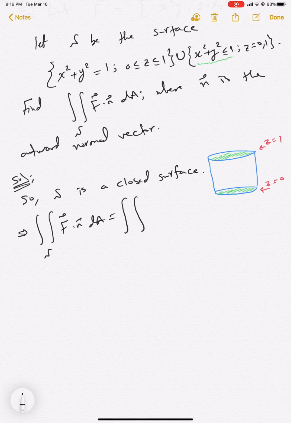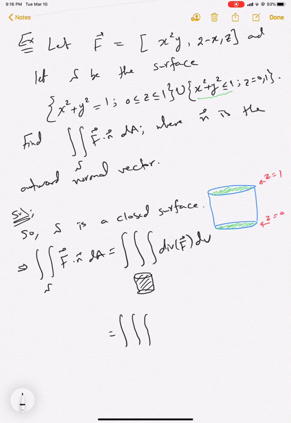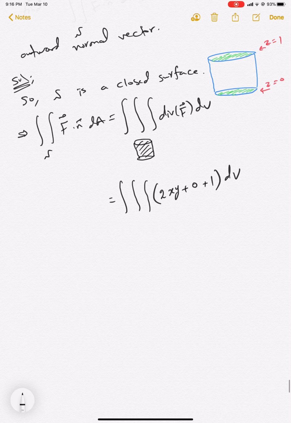So we have a triple integral over the solid bounded by this surface of the divergence of f. Now what is the divergence? We differentiate the first coordinate with respect to x, plus the second coordinate with respect to y, plus the third coordinate with respect to z, and this is our solid.